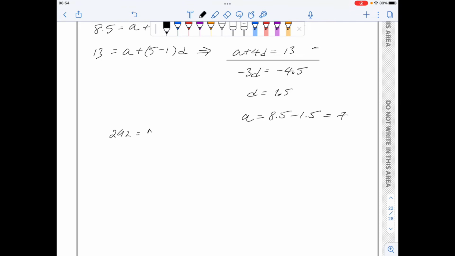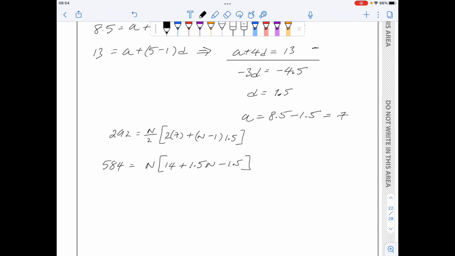Now, using the purple statement, which gives the sum, I can set up the following equation. 292 equals n over 2 times (2 times A, so 2 times 7, plus (n minus 1) times D, which is 1.5). Now, I'll multiply both sides by 2 to remove the denominator. So 584 is equal to n times (14 plus 1.5n minus 1.5).